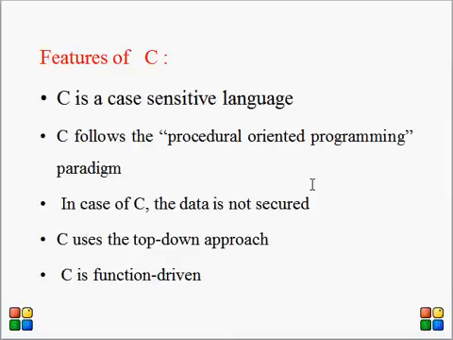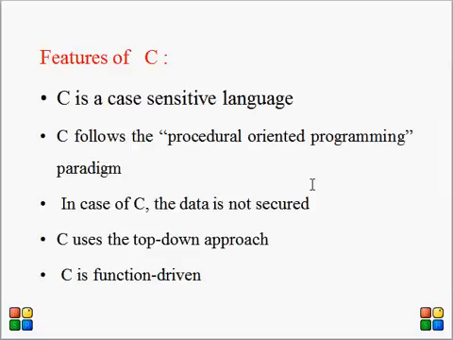For example, if you declare global data, it is available to all the functions in a program. Some functions don't need the data, even though it is available to all functions. That's why C data is not secure.